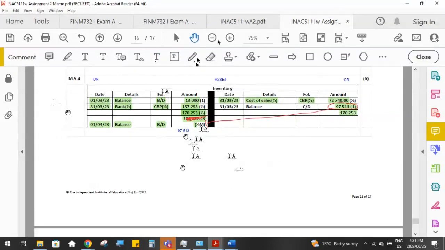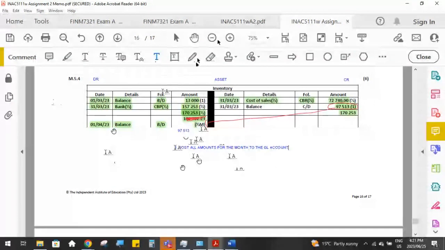Okay, so also, guys, this process of balancing off an account at the end, when they say balance the general ledger account, just practice it. It's just those simple steps. Step number 1, post all the amounts for the month to the general ledger account, and don't forget your opening balance.